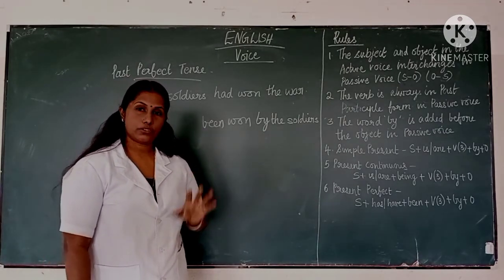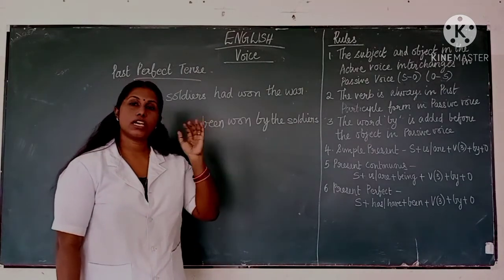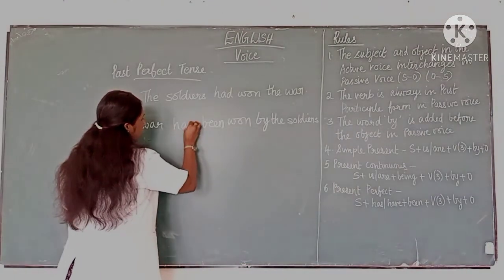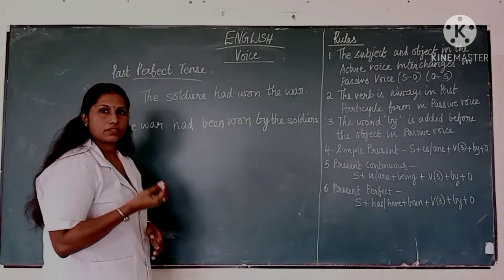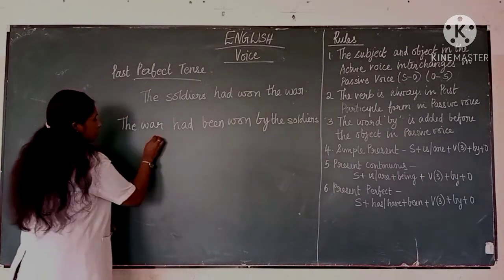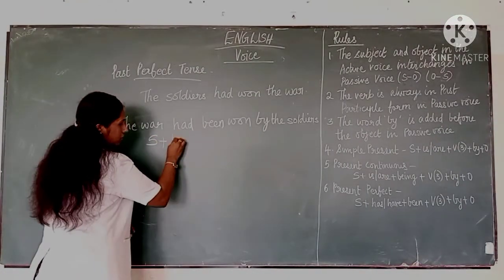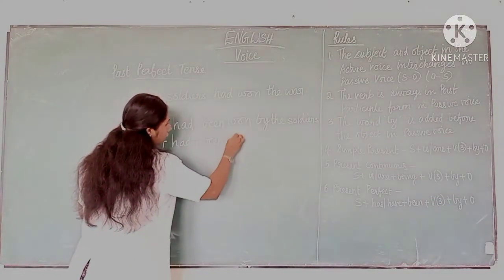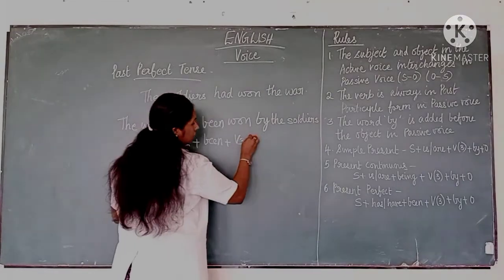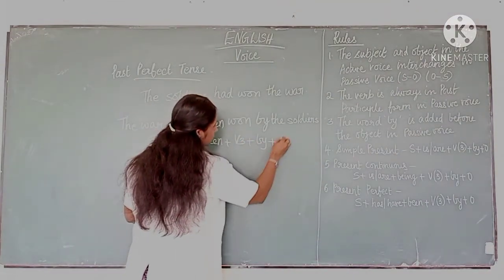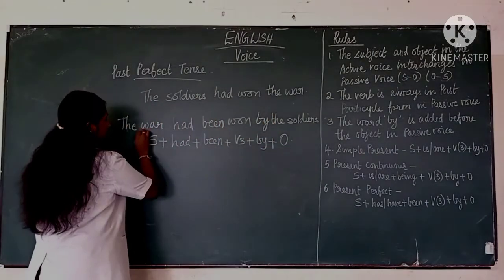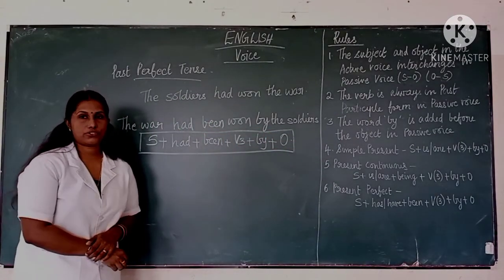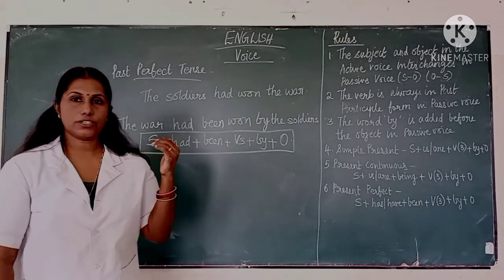There is no singular subject or plural subject. It is always had. So there is again no confusion over there. Had been. Easy to remember. Subject plus had plus been plus verb in the third form plus by and plus the object. This is your structure for past perfect tense.